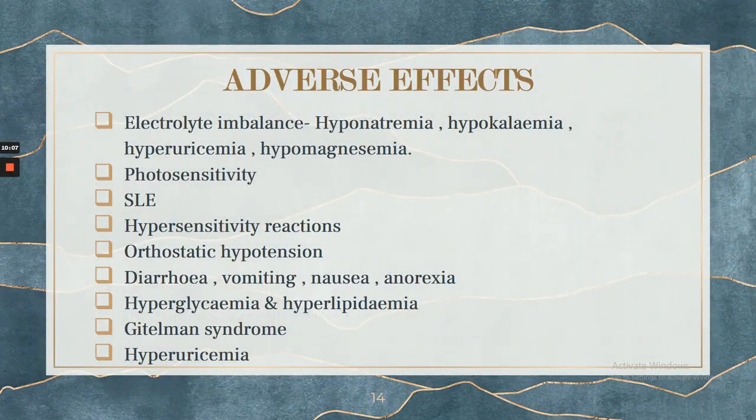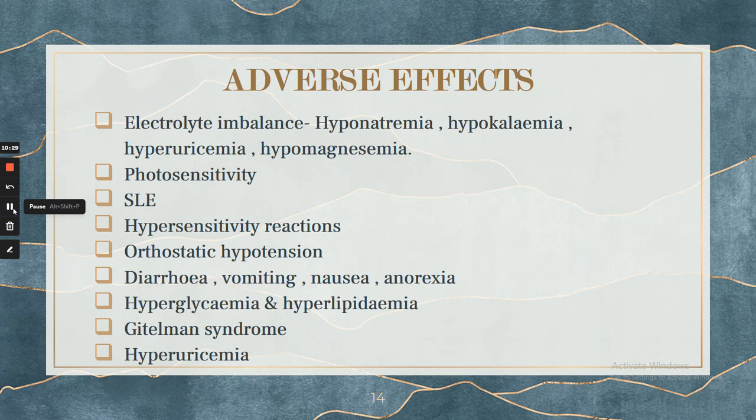Now the adverse effects: electrolyte imbalance like hyponatremia, that is a decrease in the serum sodium. This occurs because hydrochlorothiazide prevents the DCT from reabsorbing sodium. Now hypokalemia, that is a decrease in the serum potassium.